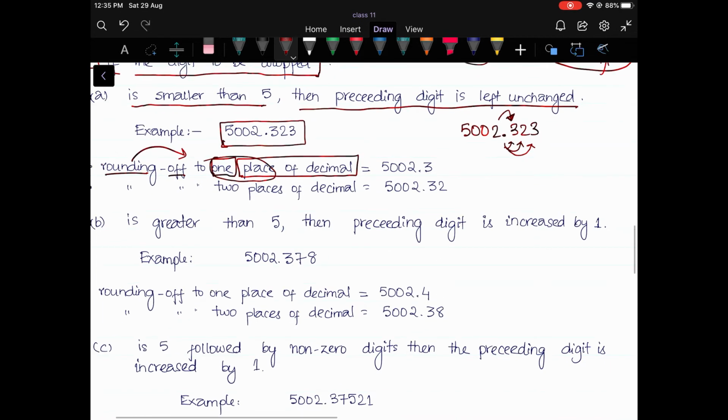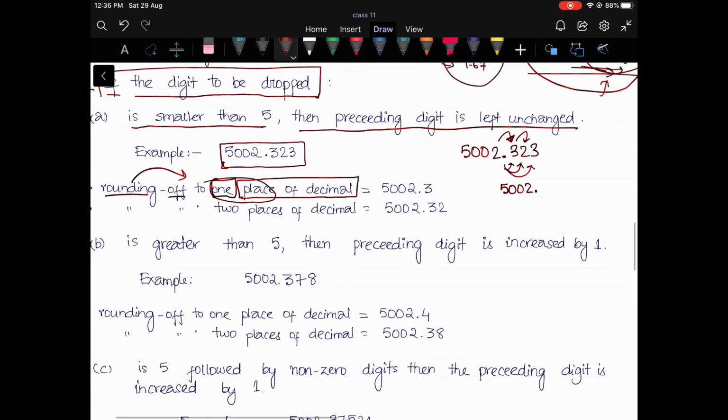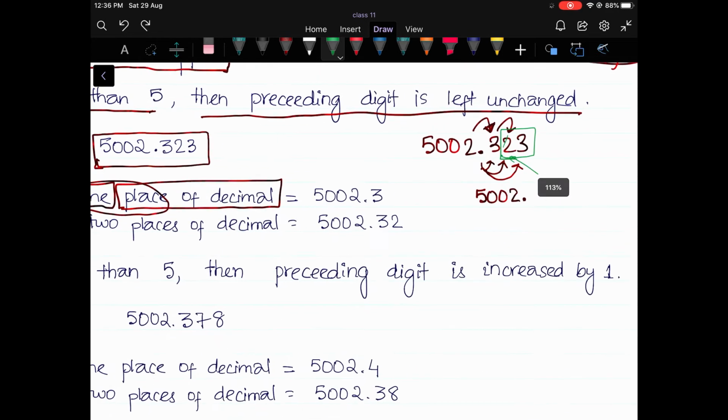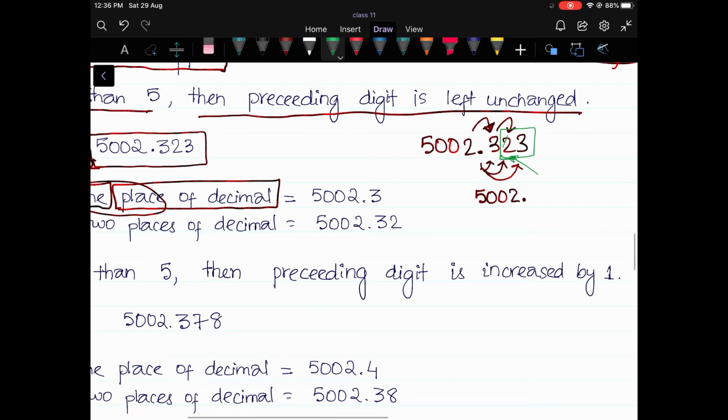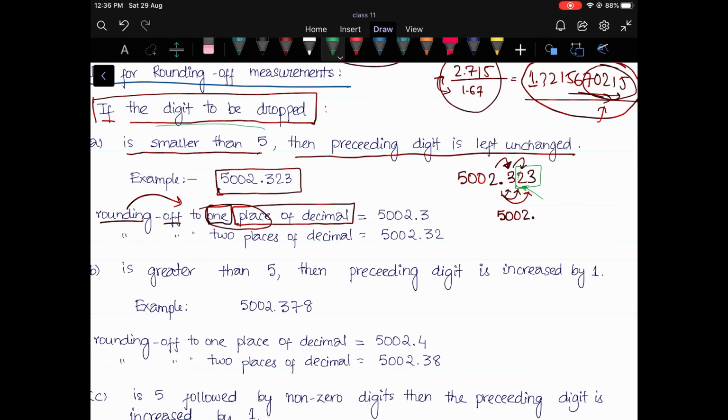So when we do that, I want to write this number here, but I have to check what is the number after that, because I'm going to drop these numbers, starting from this 2. I don't want to write 2 and what follows. So the digit that we are dropping here is 2, and this 2 is smaller than 5.